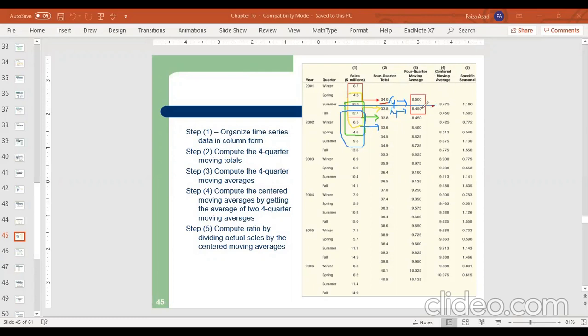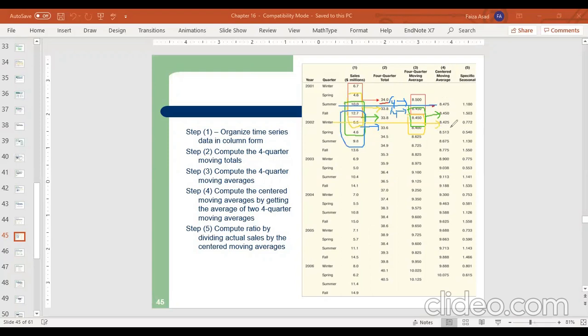We will add up these 2 values and then divide by 2. So the first 2 values will be added and divided by 2. The next 2 will be added and divided by 2. Then we will get this value, and after that we will do the same for the next 2 values, and we will get this value, which will be right in front of the winter season.